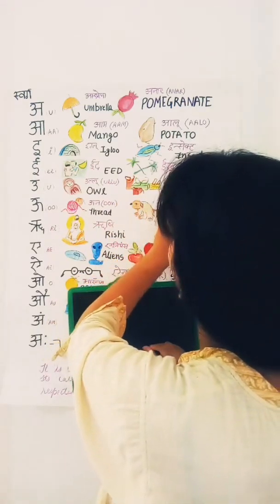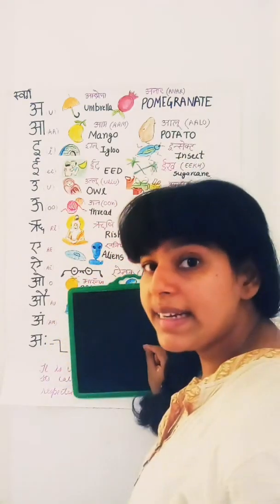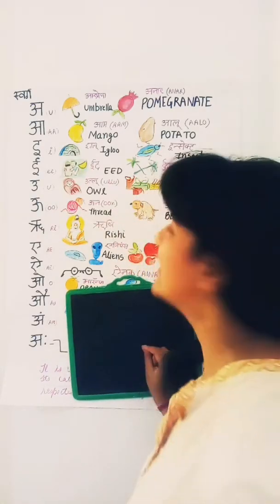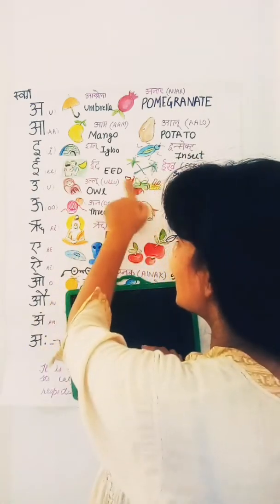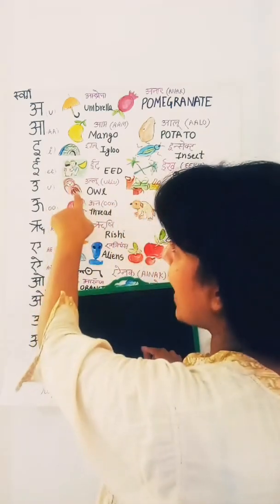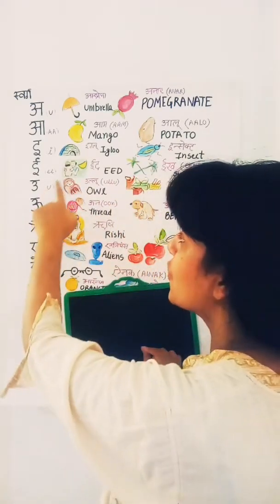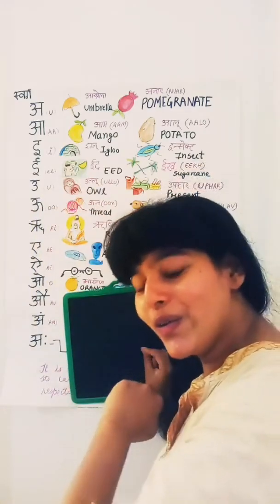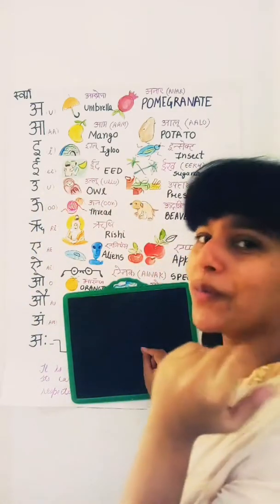Upahar is called present in English. What is a present? It's a gift. You see so many upahars there. An owl is also there. U for Ullu. U for Upahar.